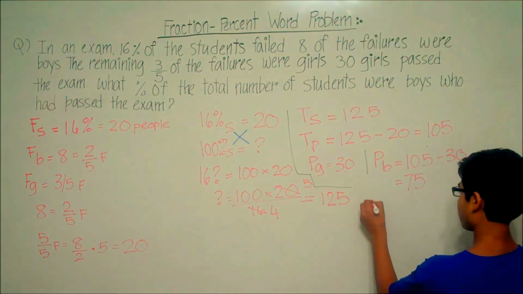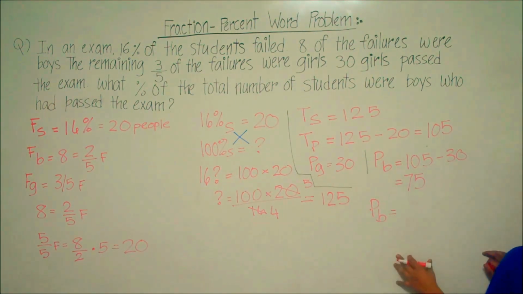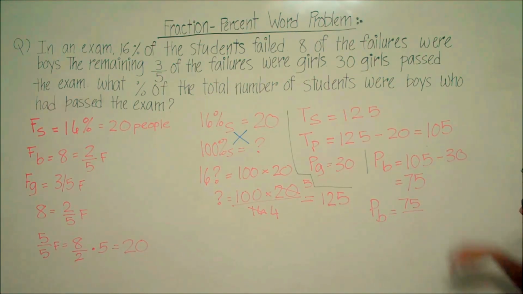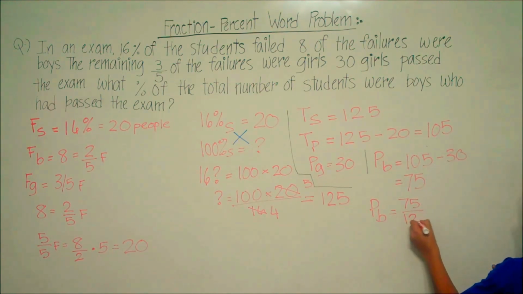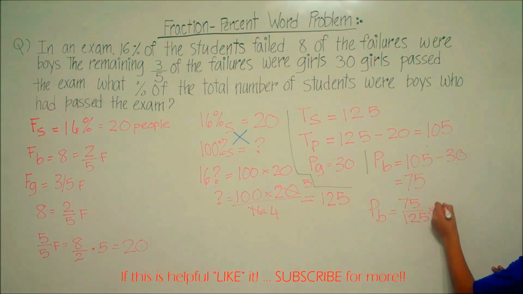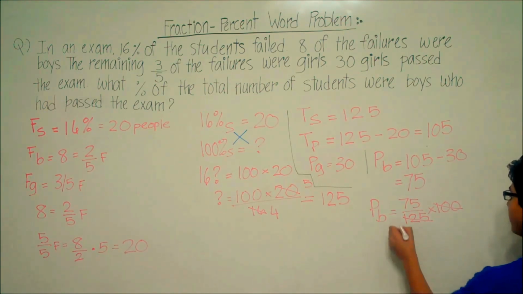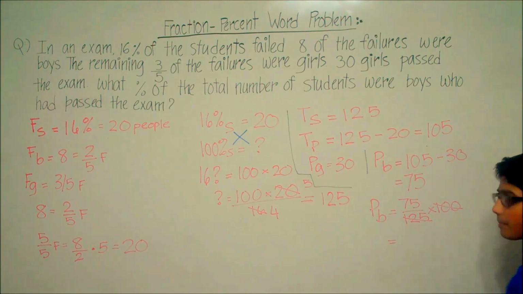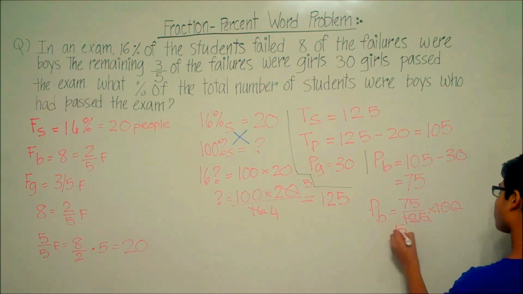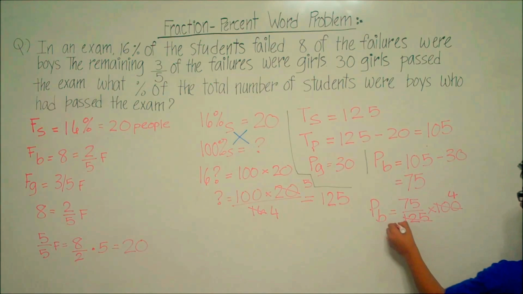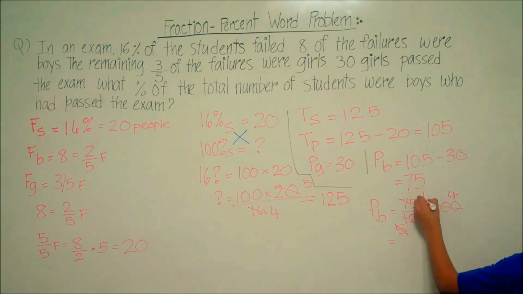So passing boys are equal to the number of boys who passed, which is 75, over the total number of students who took the exam, which is 125, times 100, because percent is always out of 100. 125 and 100 are both divisible by 25. 125 divided by 25 is 5, while 100 divided by 25 is 4. 5 goes into 75 15 times.